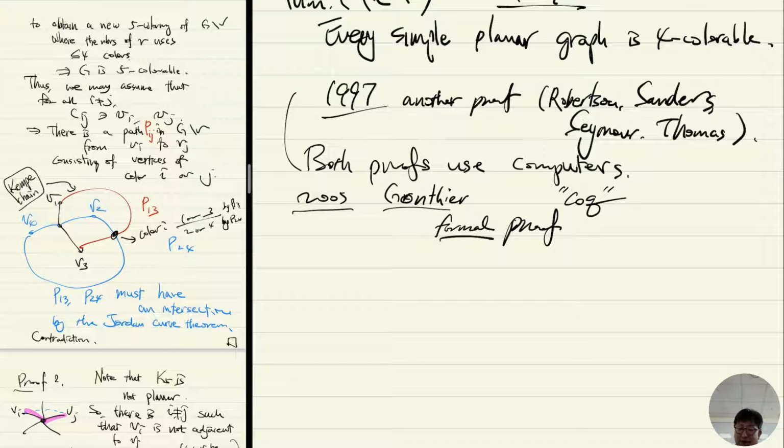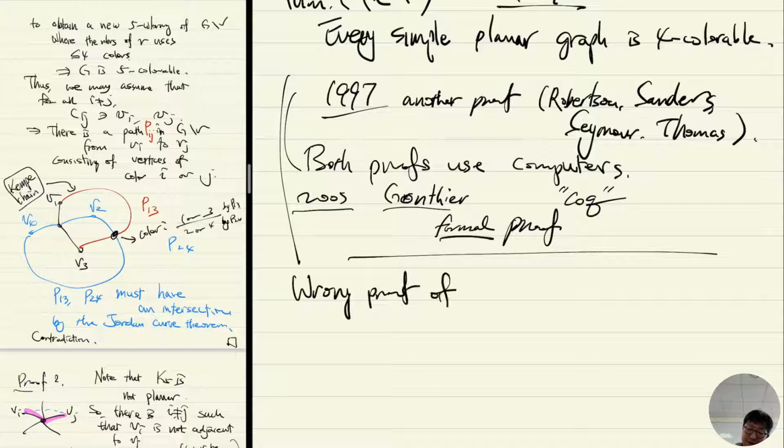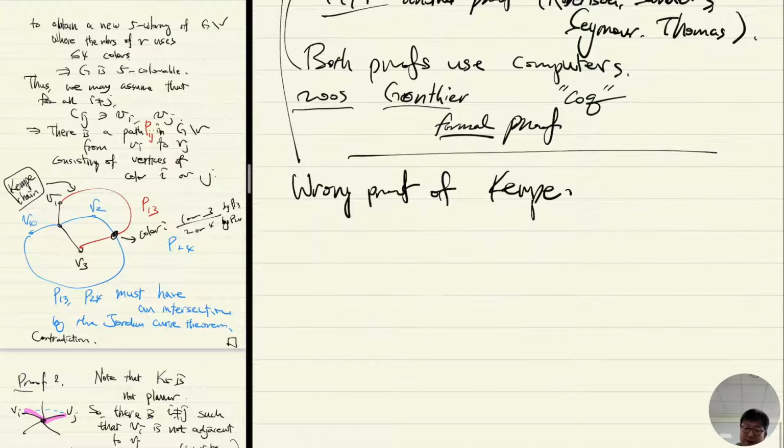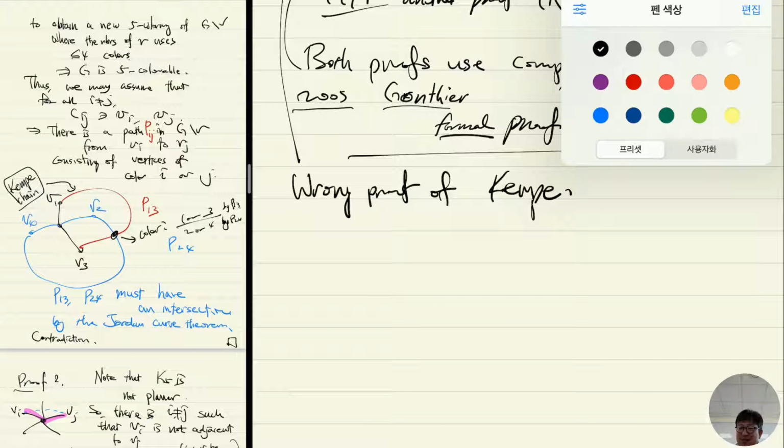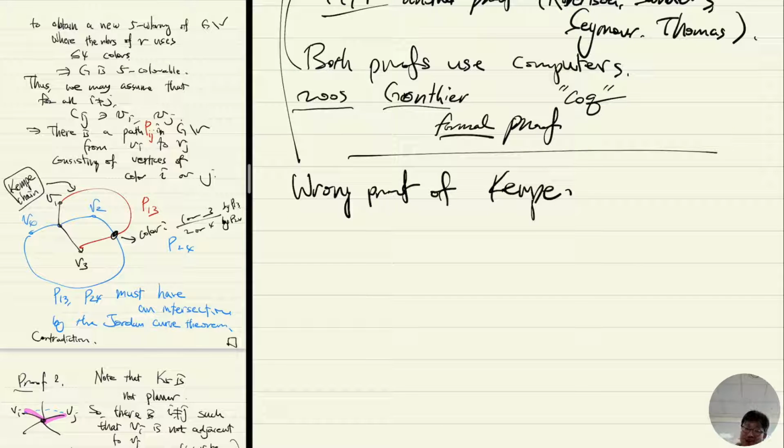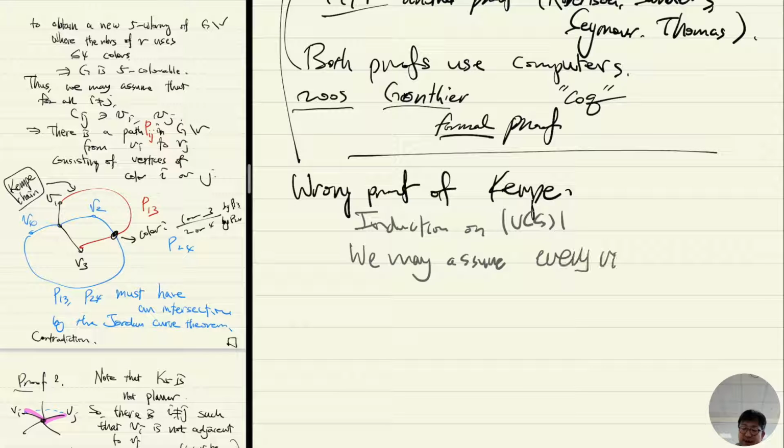Anyway, so let me show you the wrong proof of Kempe, and you may check whether it's okay. Since it's a wrong proof, I'm going to use a different color, gray. So again, induction on the number of vertices, and we can assume every vertex has degree at least 5.